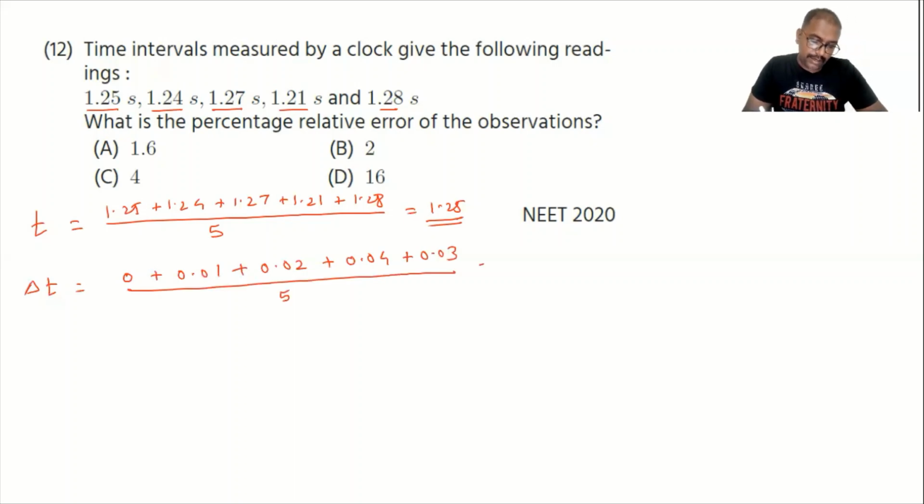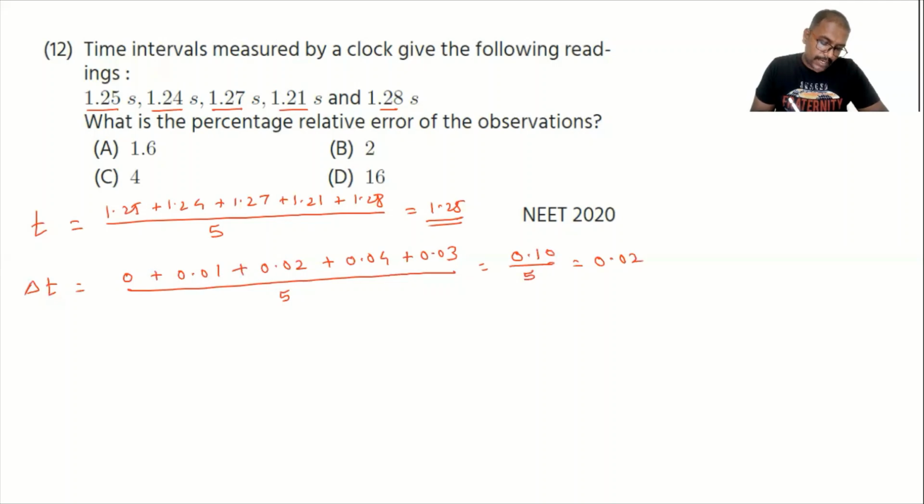So 0.10 divided by 5 is coming 0.02. That is the absolute error.